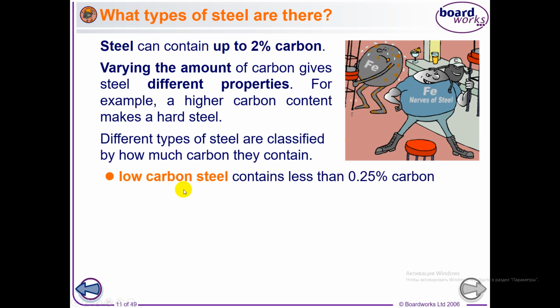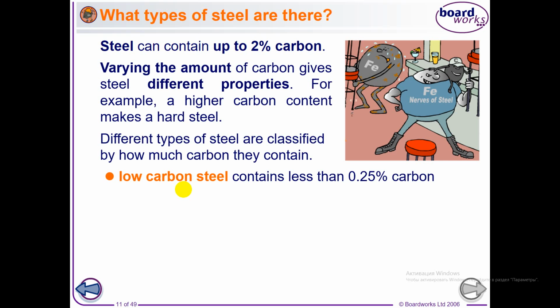So, low carbon steels contain less than 0.25% carbon. Of all the different types of steel, those produced in the highest quantity are low carbon steels.